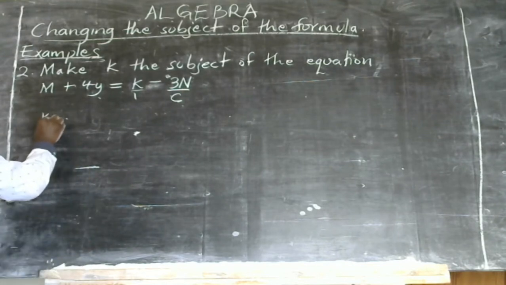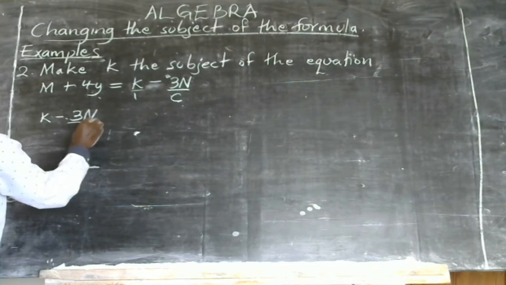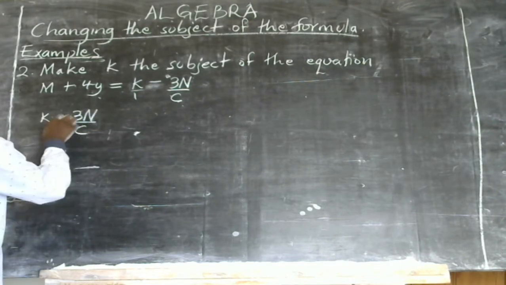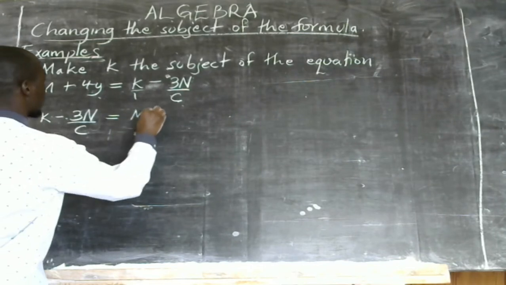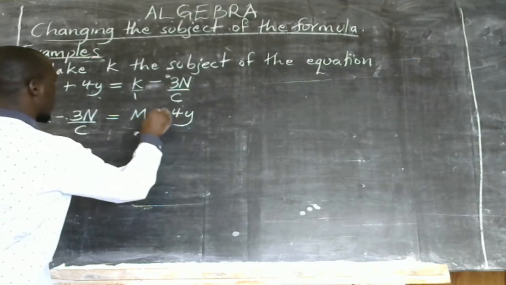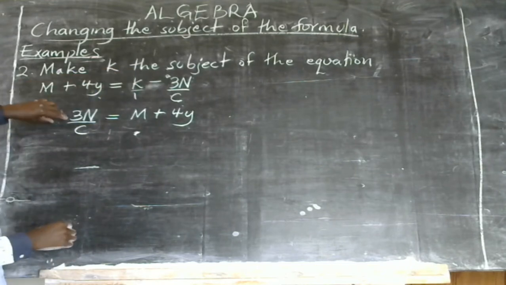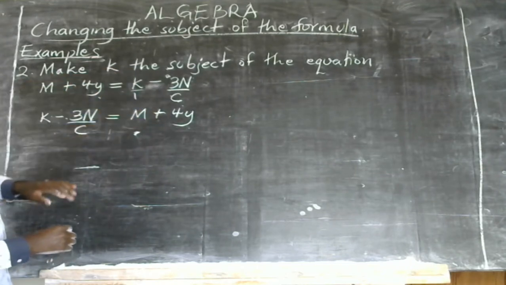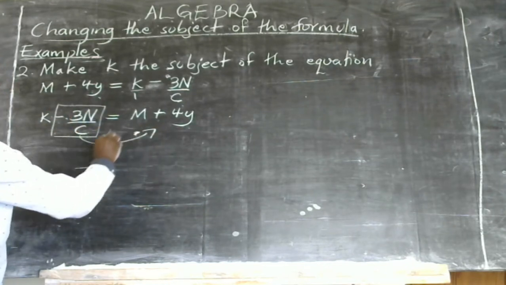So I can rewrite just this equation as k minus 3n all over c is equal to m plus 4y. Now I've made my right hand side to be the left hand side, then the left hand side to be the right hand side there. So I've said I'm going to get the whole of this and I transfer it the other side.